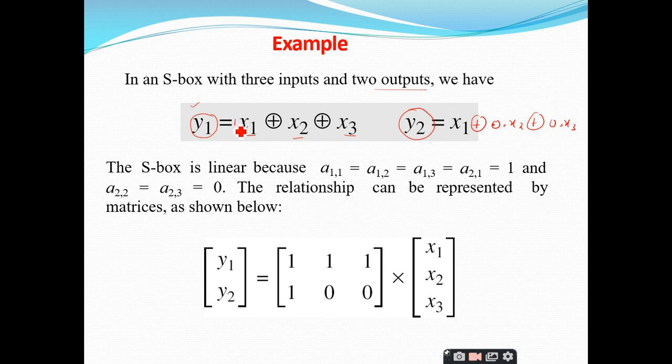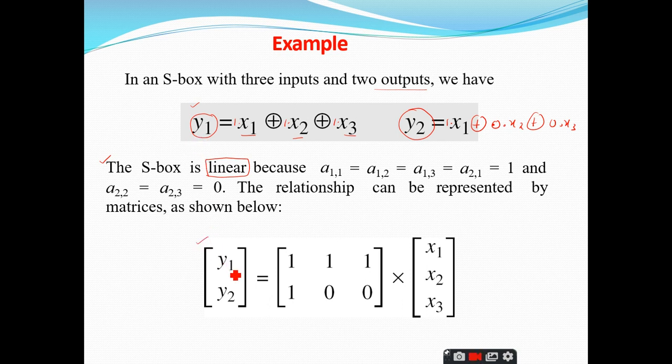Yes. So in y1 we have all the coefficients as 1, 1, 1. Here in y2 we have the coefficient of x1 as 1 and the remaining coefficients of x2 and x3 are 0. So this particular S box is a linear S box. By looking at these terms itself you can understand there is a linear relationship between these x and y. So I can represent these particular linear S boxes using the matrix concept.